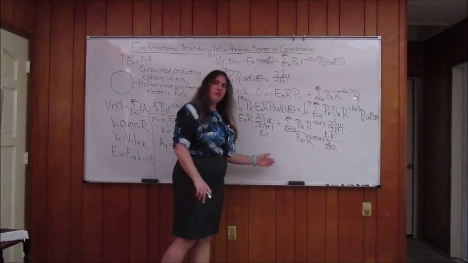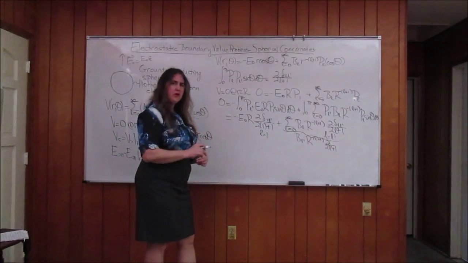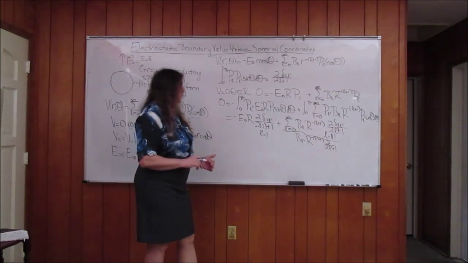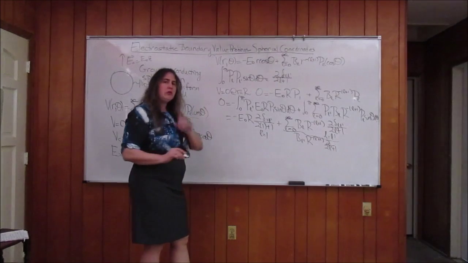But I know from this first term, L prime also has to be equal to 1. So L prime is equal to L, and L prime is equal to 1. So out of all of these terms, an infinite possible number of terms, you're only going to have one surviving term.